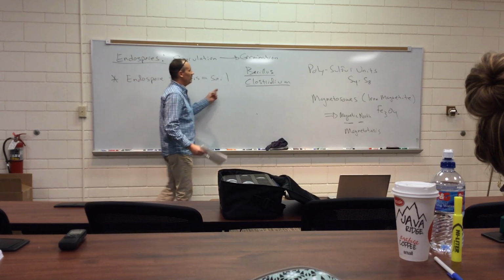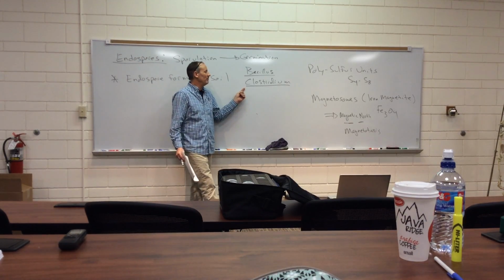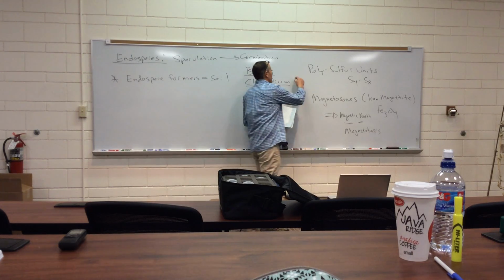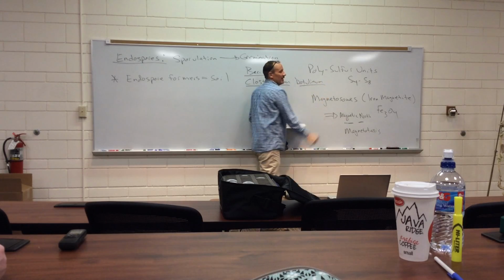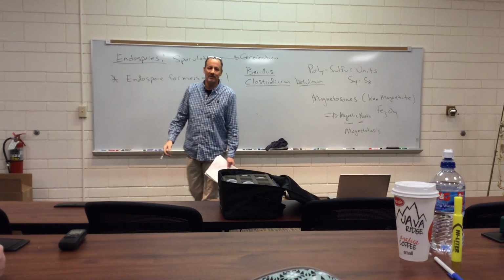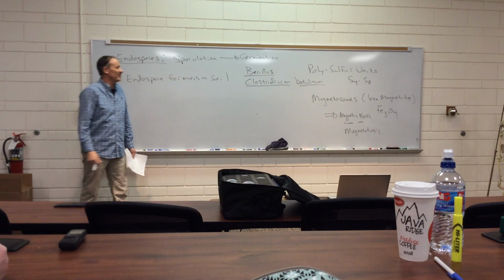Do you guys know any other Clostridium that might be out there? One of my favorite. Clostridium botulinum causes botulism. Botulism is one of the most deadly diseases on earth.